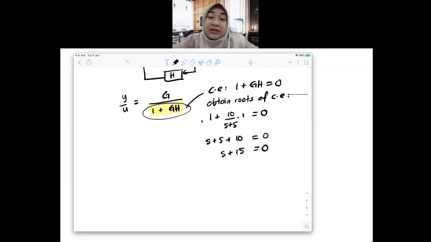That is your characteristic equation for this closed loop system.